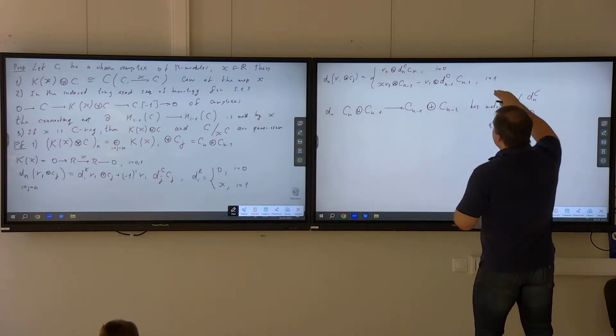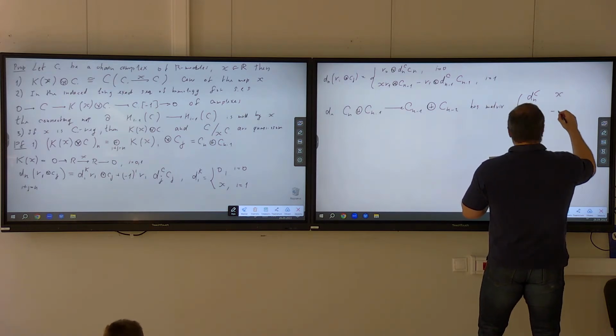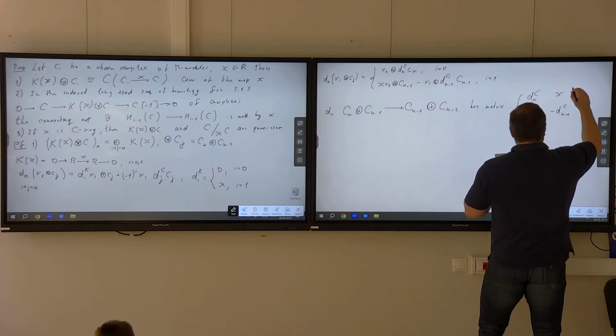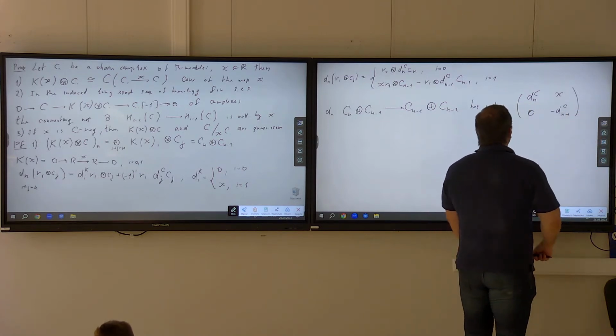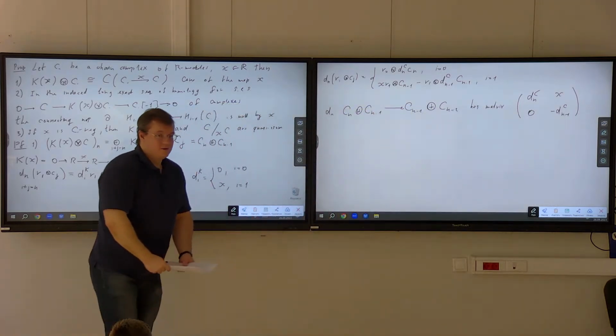For the second line, I can write multiplication by x, and then minus d n minus 1 of C. Okay, this is the end of the computation. Questions?